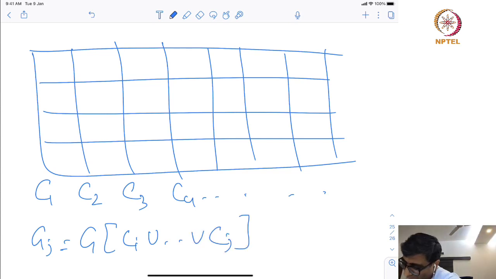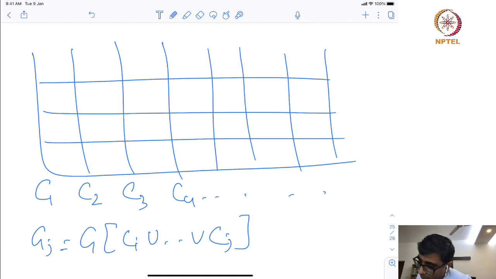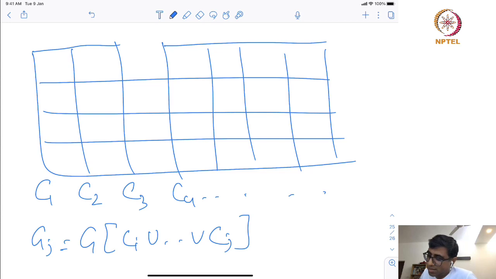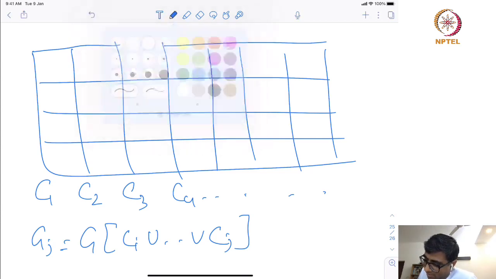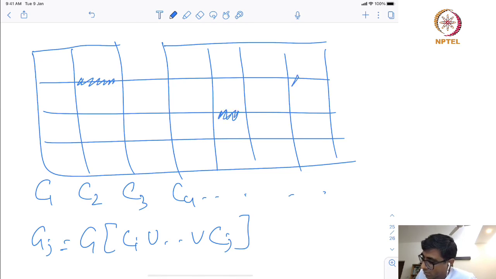To make life more difficult, think of them as subgraphs where some edges are missing. It does not matter for our purposes.